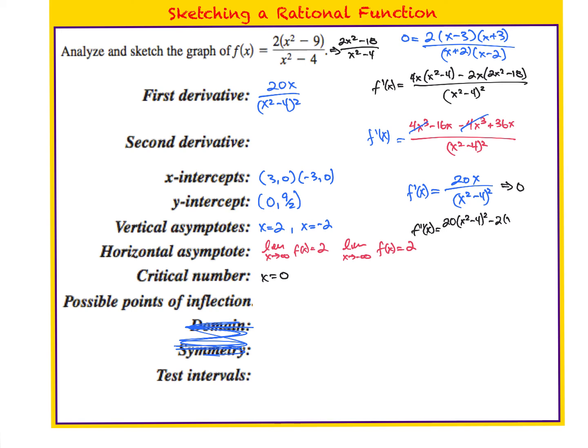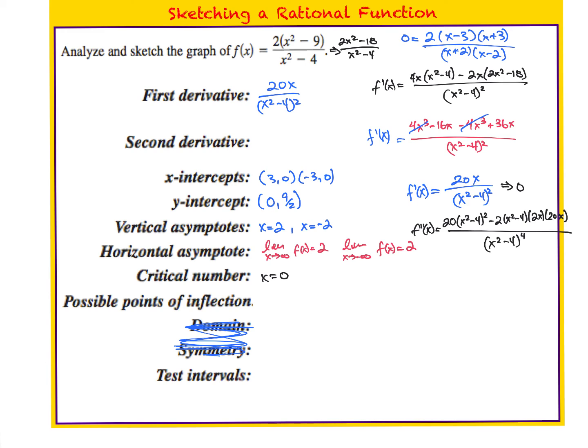And then x squared minus 4 to the first, but then what pops out? 2x. Guess what sometimes students forget to do? Chain rule. Don't forget chain rule. And then times 20x, all over x squared minus 4 to the power of 4.